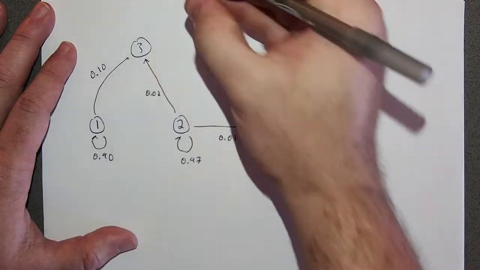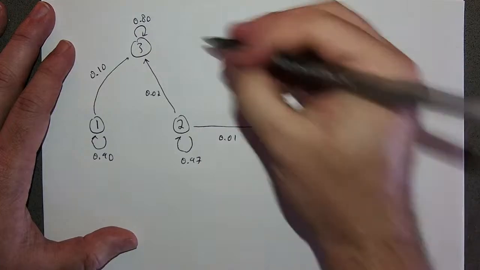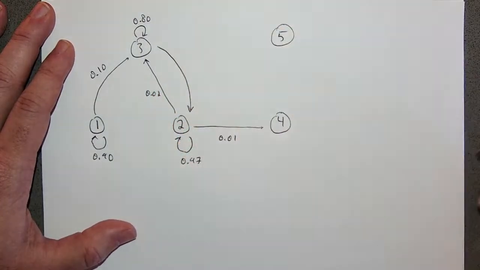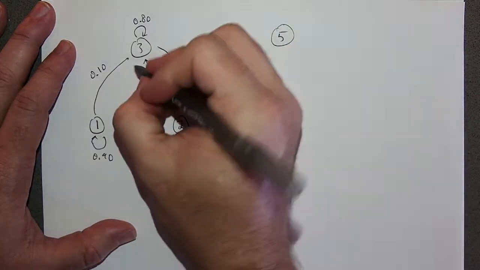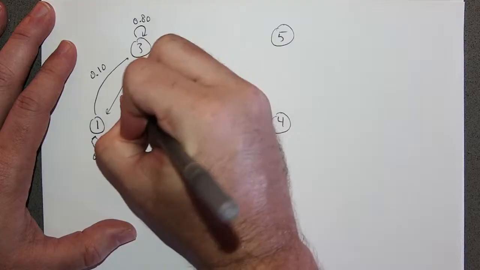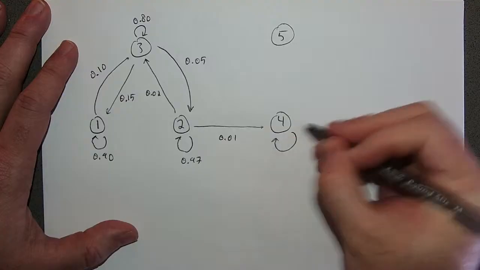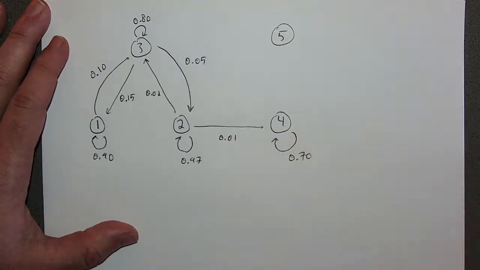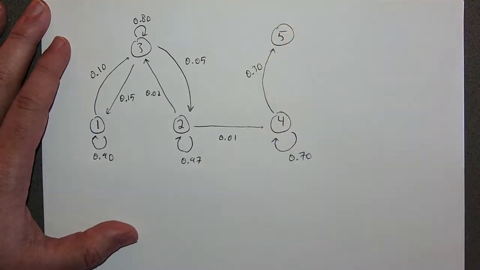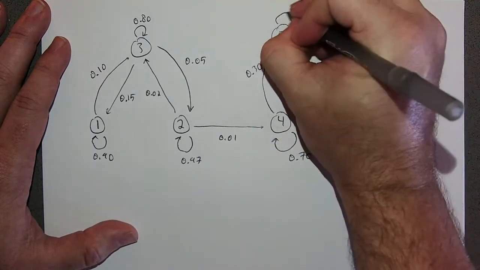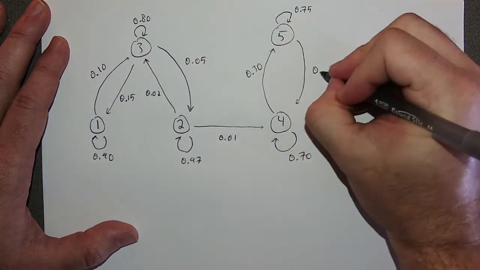For 3, 80% stay, 5% move to 2, and 15% move to 1. For 4, 70% stay, and 30% move to 5. For 5, 75% stay, and 25% move to 4.